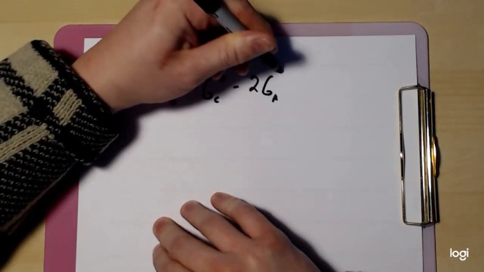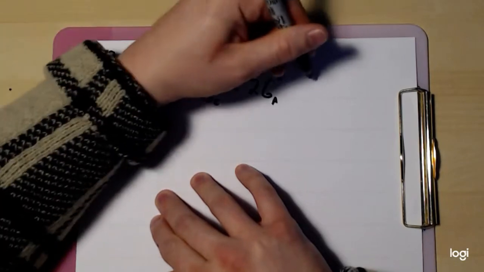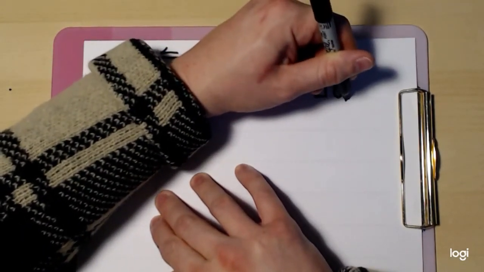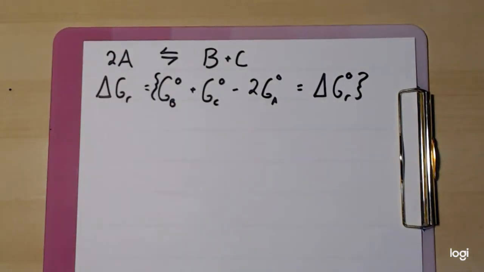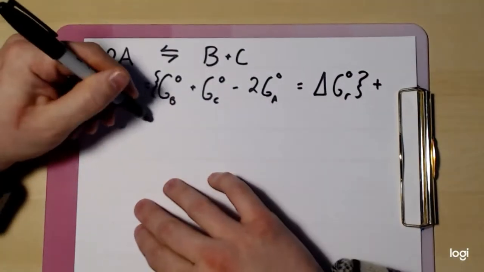But you have to multiply it by 2 here, because there's 2 amounts of reactant removed for every amount of product produced. And again, this just equals the standard free energy of reaction for this chemical equation.